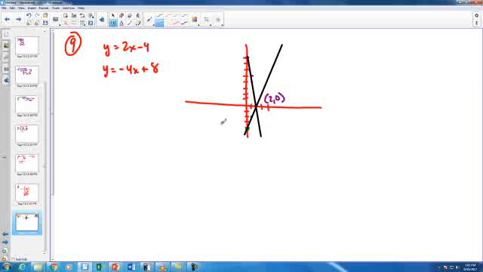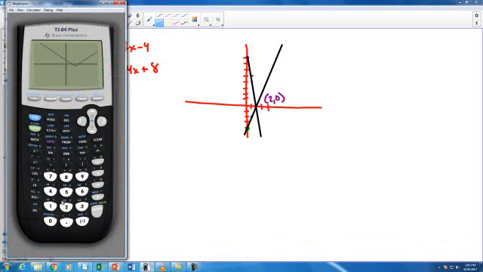Now what if I want to use a graphing calculator because I just don't want to make mistakes and I'm really concerned about the computation or how I would graph by hand? So I'm going to do it in the calculator real quick. We said it was 2x minus 4 and negative 4x plus 8.